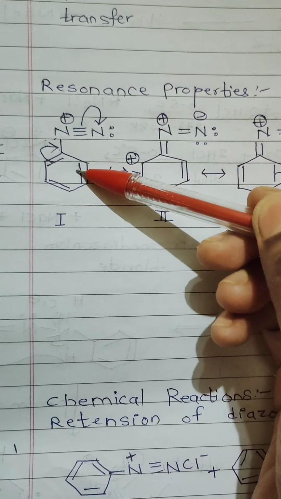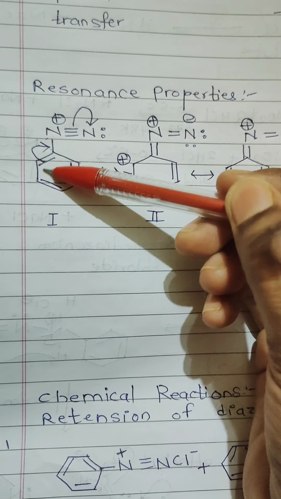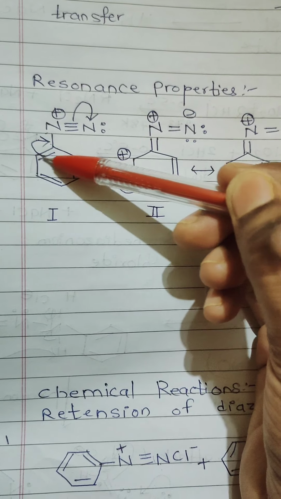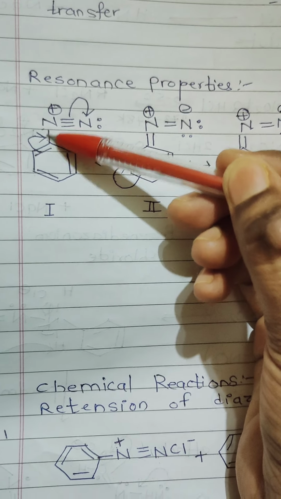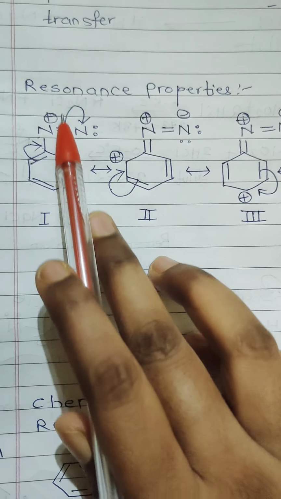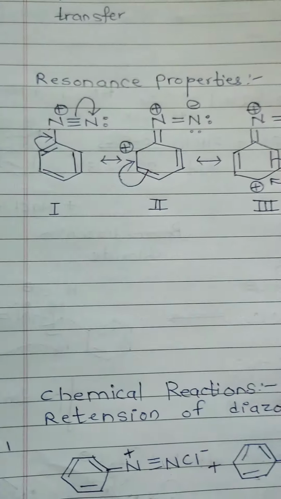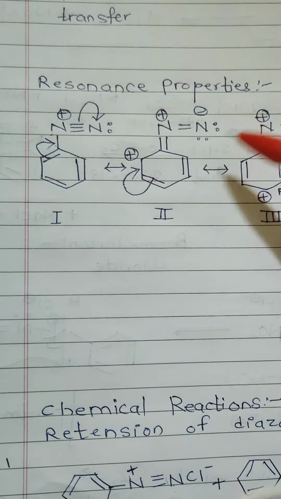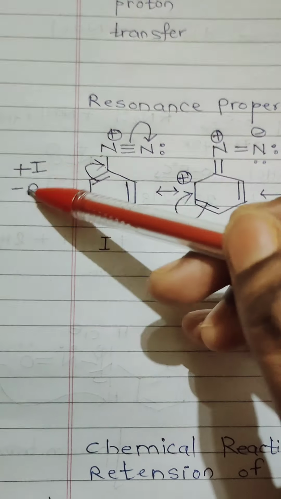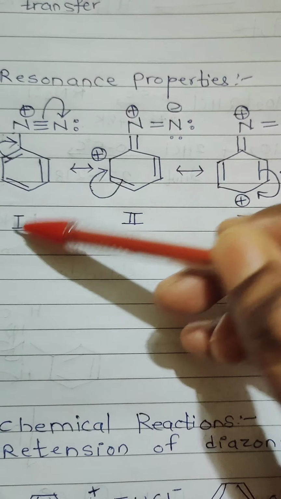Here this is a benzene structure, and nitrogen carries positive charge, so these pi electrons will be shifted to the adjacent carbon-nitrogen bond, and this bond will open on this nitrogen. We'll see afterwards what is +R and -R. This is the first resonating structure.